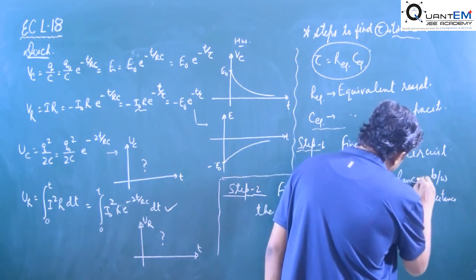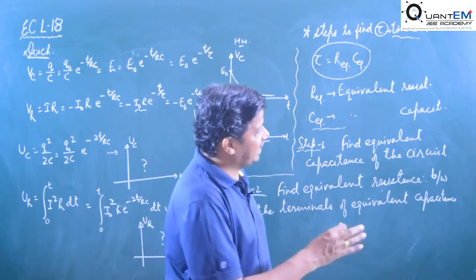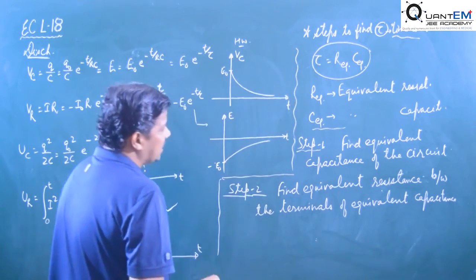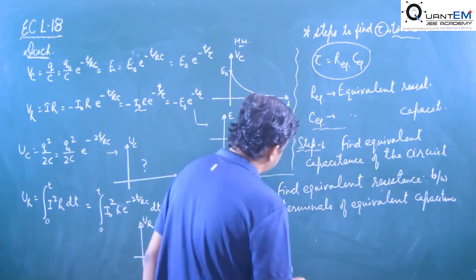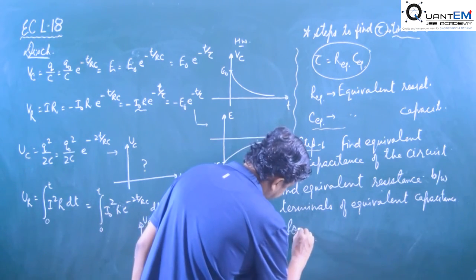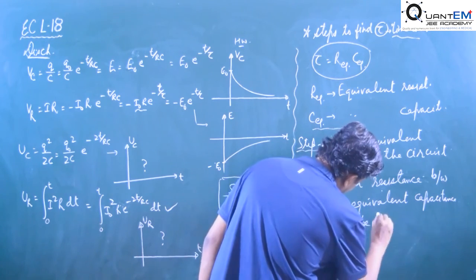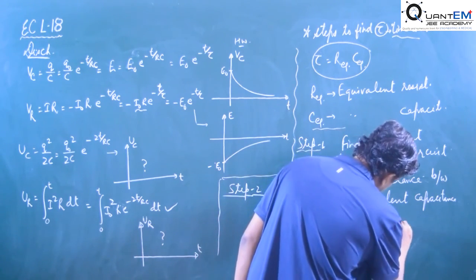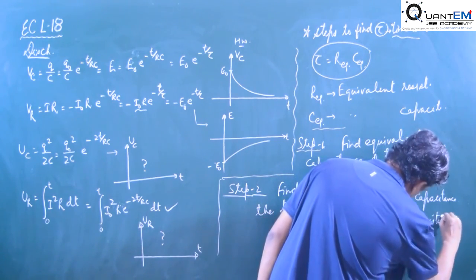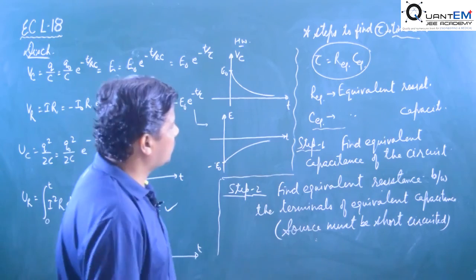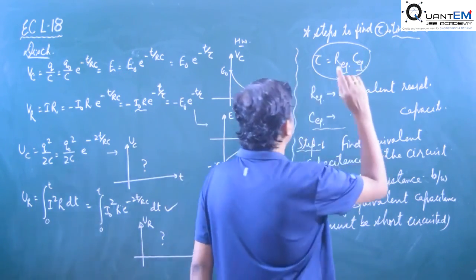So find the equivalent resistance of the circuit between the terminals of the equivalent capacitance, or about the equivalent capacitor. Okay, now we have both the values, and here if the source is there, the source must be short circuited. So now we have R equivalent and C equivalent, multiply to get the value of what?